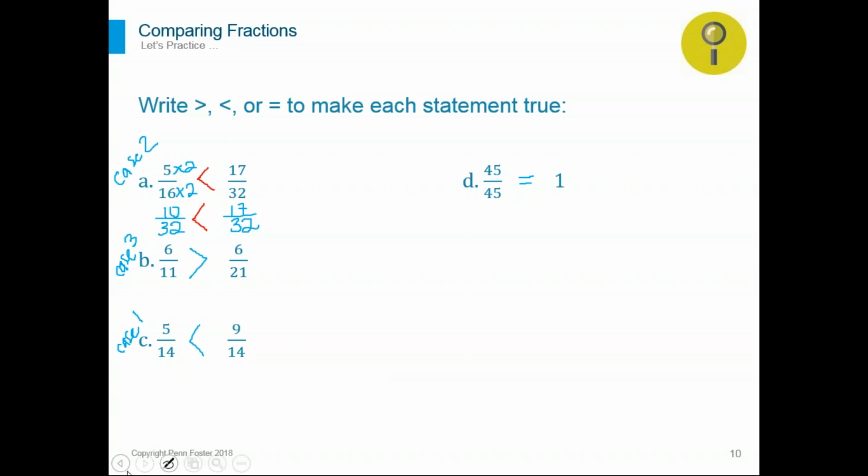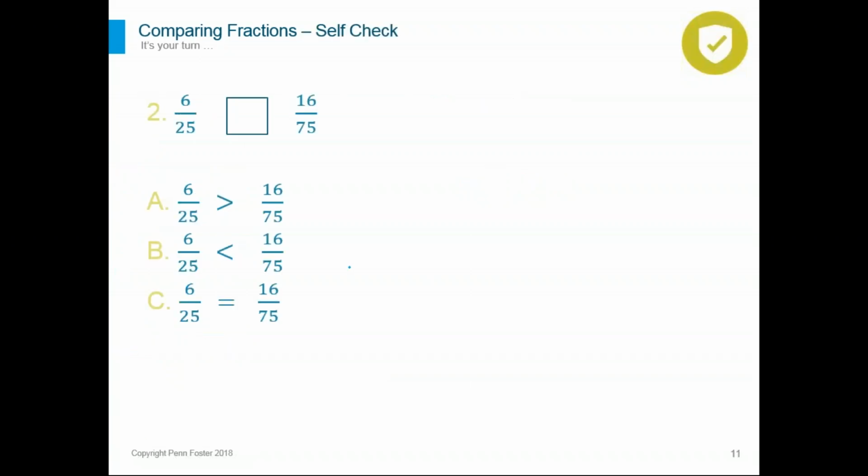Okay, let's go to a self-check question on the same topic, comparing fractions. We have 6 over 25 is what to 16 over 75. You can write down the question. Take your time looking at which case is that question, case number 1, 2, or 3.